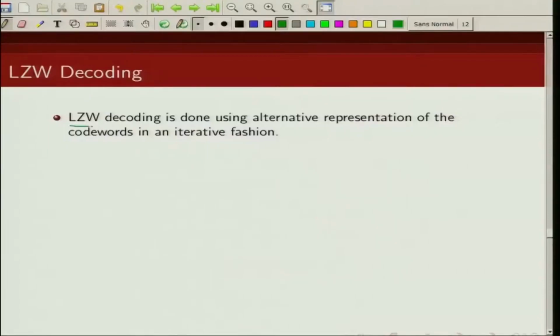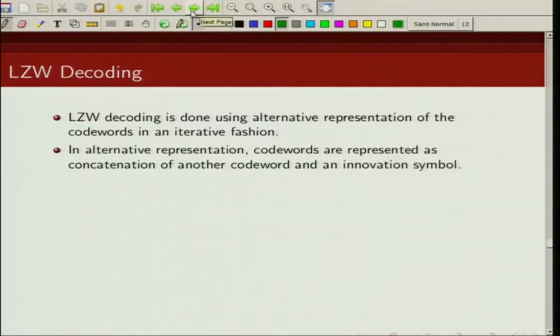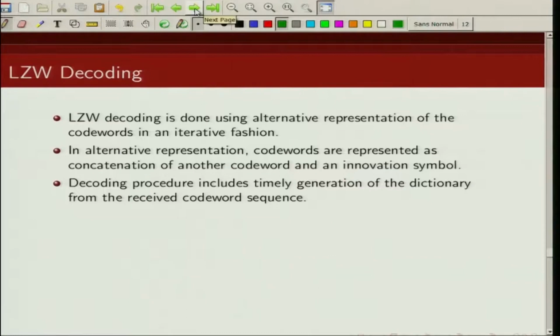LZW decoding is done using an alternate representation of the code word in an iterative fashion. As I said, in the alternative representation, the code words are represented as a concatenation of another code word and an innovation symbol. The decoding procedure includes on-the-fly generation of the dictionary from the received sequence, and we will illustrate that with an example.